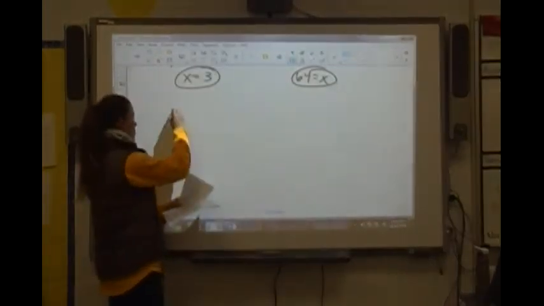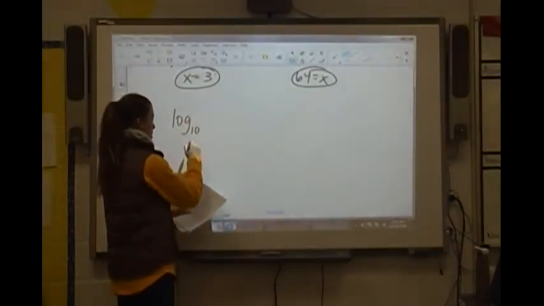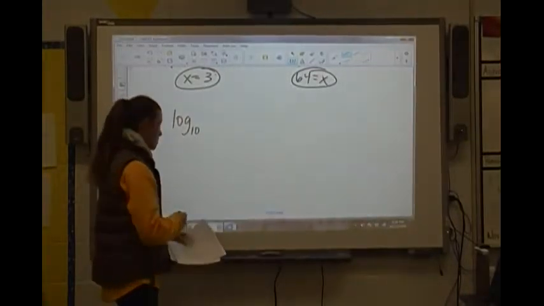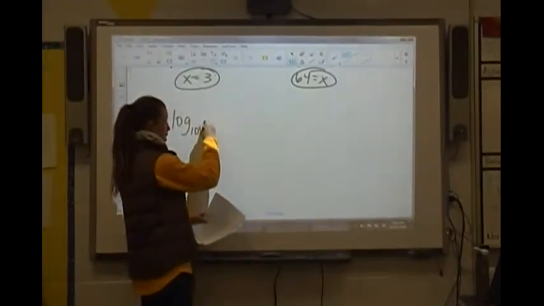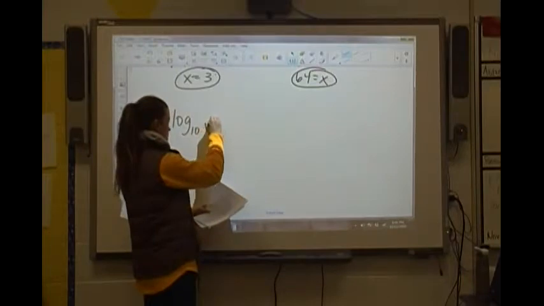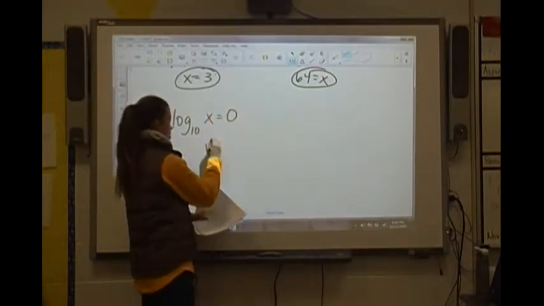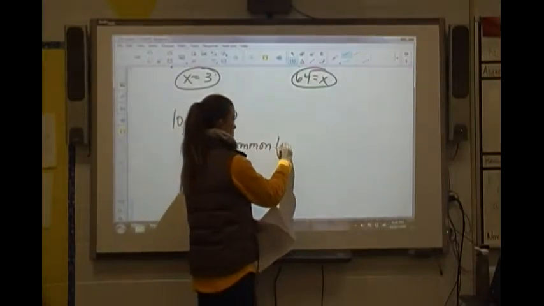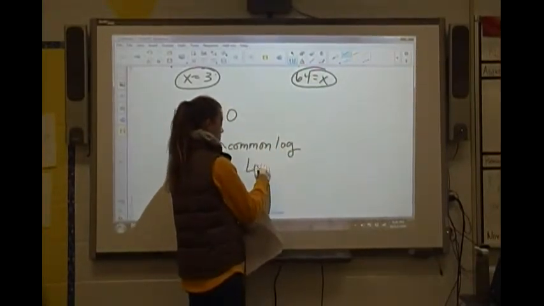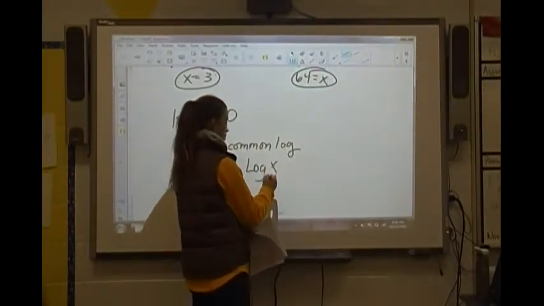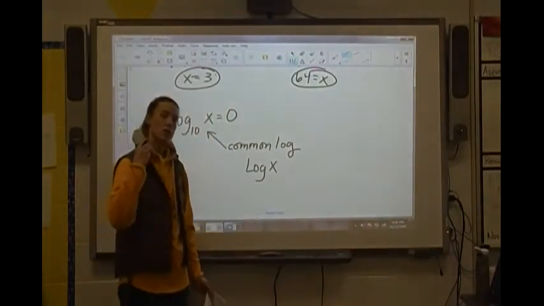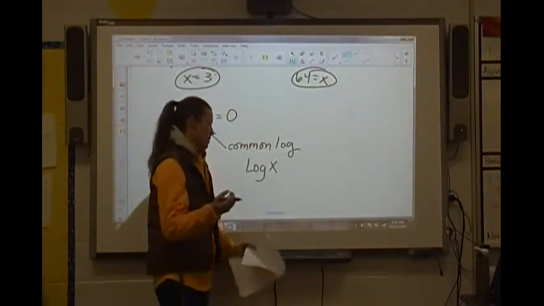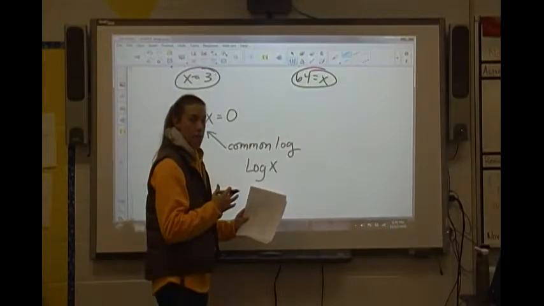This next one, log base 10, also known as common log. Let's just take a pause real quick and talk about this. So if I have log base 10, this is called common log, which is also, if you just see log of x with no base written, you can assume that the 10 is there.